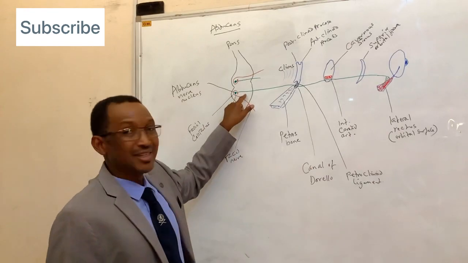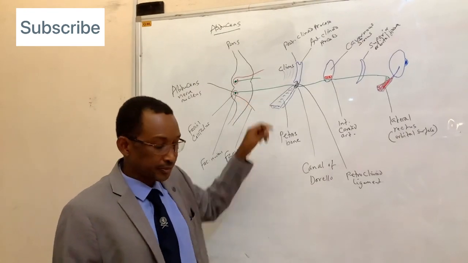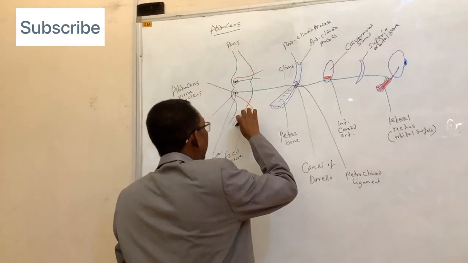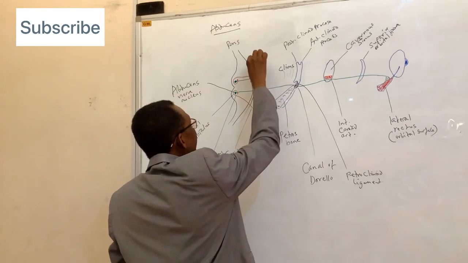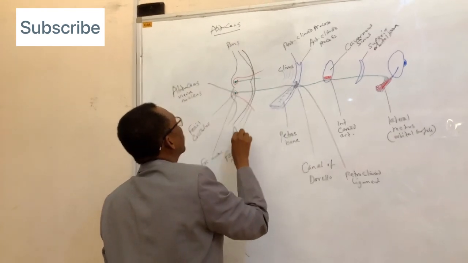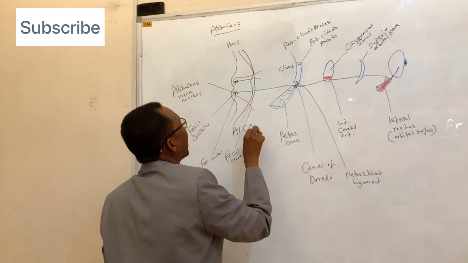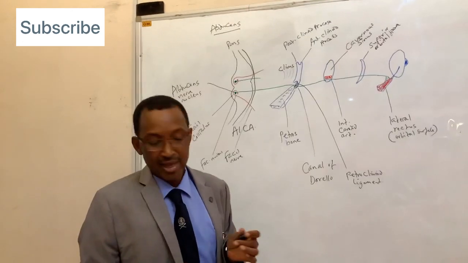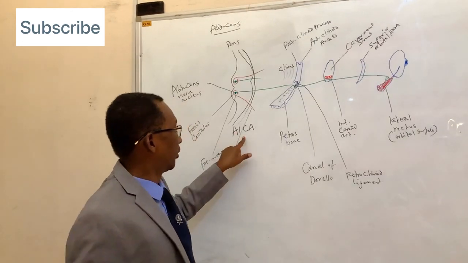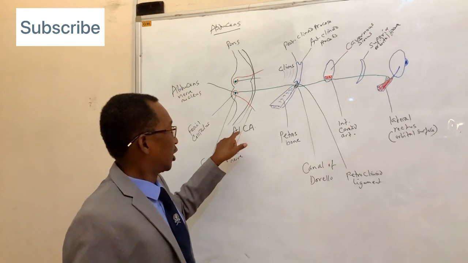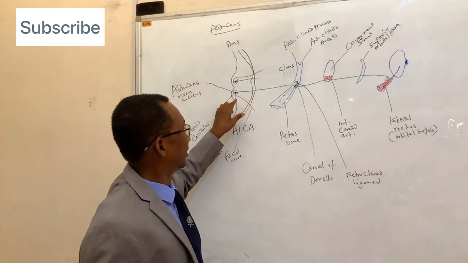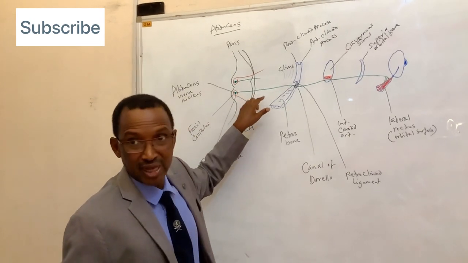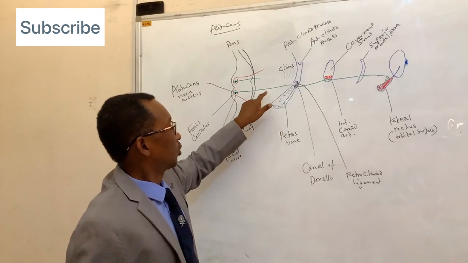As this nerve emerges out of that junction, it comes in relation to one artery, what we call the anterior inferior cerebellar artery, AICA.